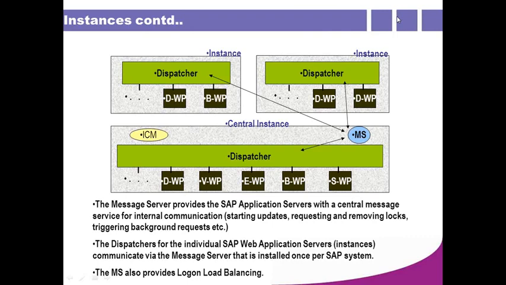However, these three may be installed in 3 separate boxes, or 3 instances installed in a single box also, not a problem. But 3 instances we have because we are seeing 3 dispatchers.